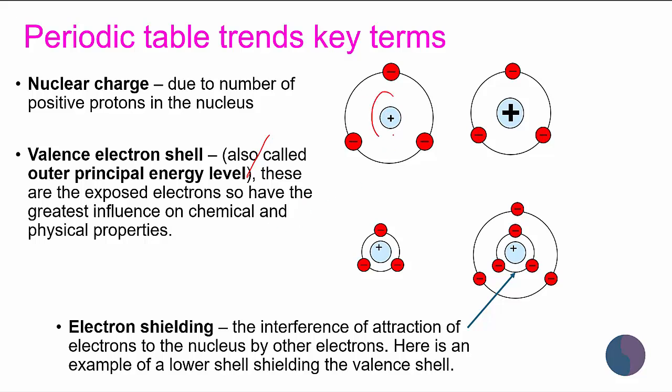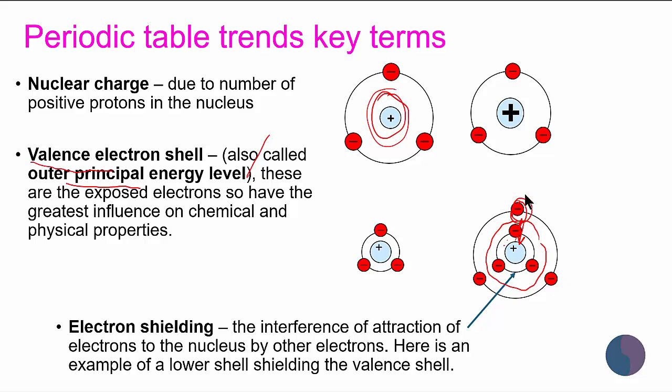There are other energy levels or electron shells, but we will focus a lot on the valence one, or the outer principal energy level. And what happens due to the inner ones is called electron shielding. These electrons are blocking the attraction of the valence electrons to the positive nucleus. They're also repelling as well.